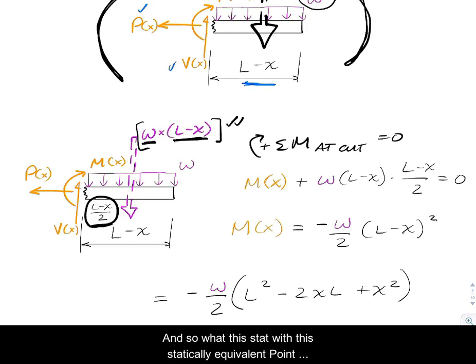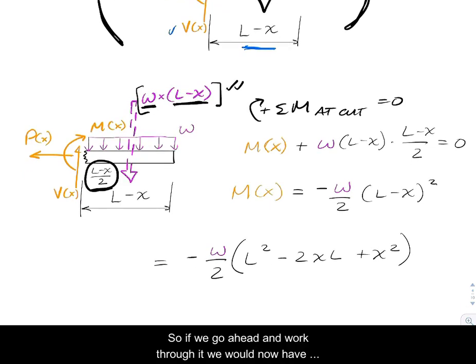What this statically equivalent point load does is that we don't have to integrate that distributed load, so it simplifies our math just a little bit. If we work through it, we would now have M of x, our expression for M of x at the cut right there. And now we'd be ready to put that in the second order beam equation.